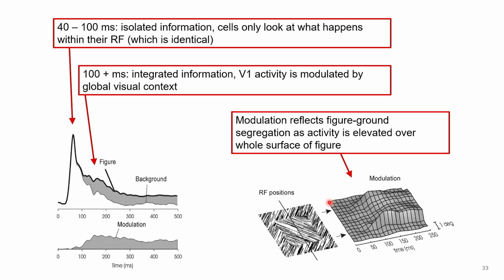So, for example, we recorded from multiple sites along this line, which is crossing, because the line was not visible in the stimulus, but this virtual line was crossing the figure, and you can see that as soon as the receptive field is within the figure region, you get this elevated response, and as soon as it's outside, you can see that the response goes back to background level. So it's really as if the activity of the neurons which are representing the figure is sort of elevated relative to the background. Actually, very much like how you perceive it, of course.